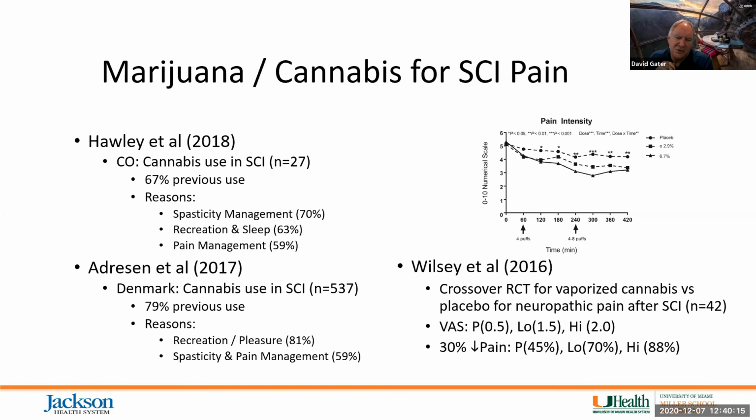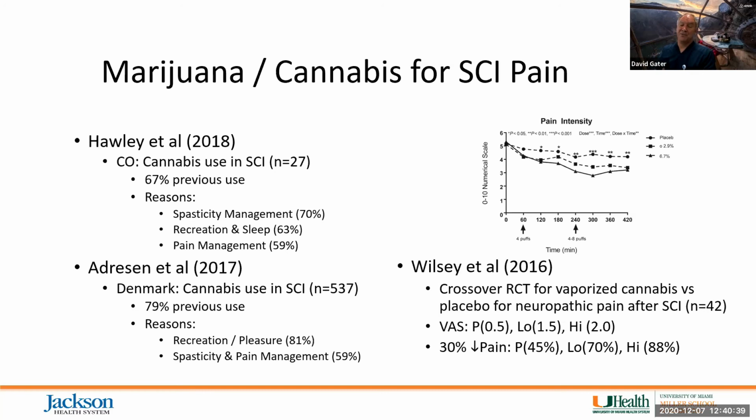And they found a drop in the visual analog score of about 0.5 for folks who responded to the placebo. Those on low dose reported a 1.5 improvement in the visual analog pain score, and those at the higher concentrations reported 2 points in change on the visual analog scale.